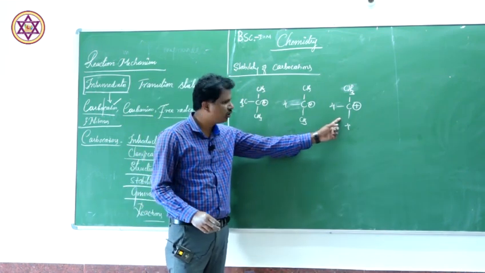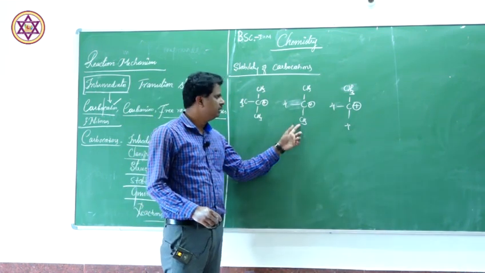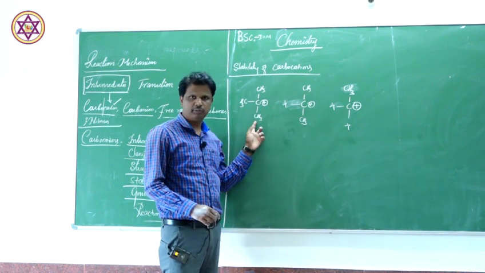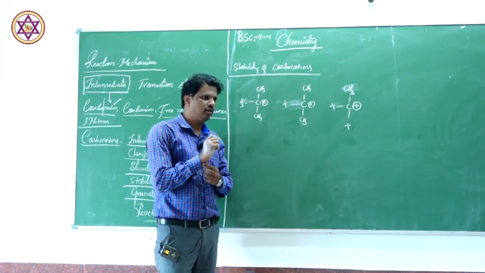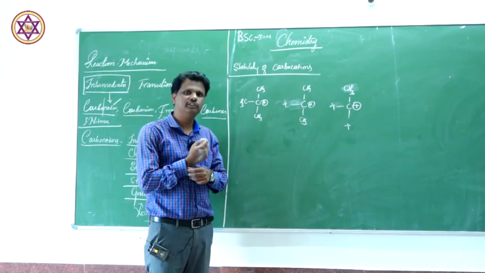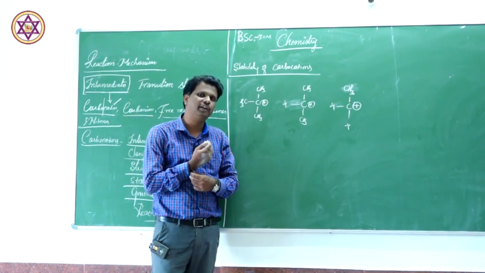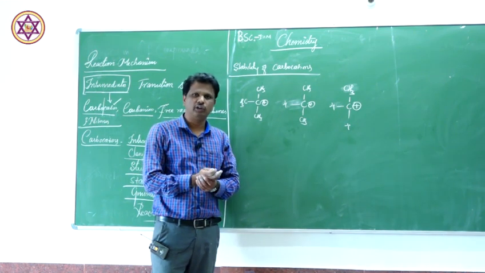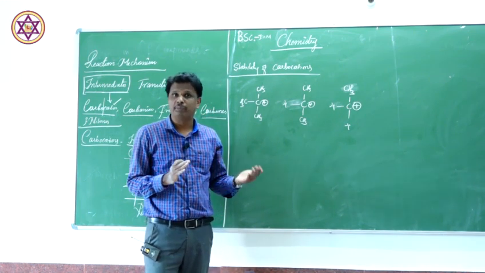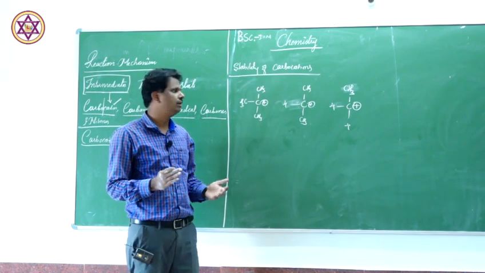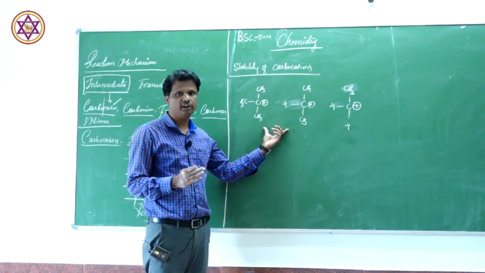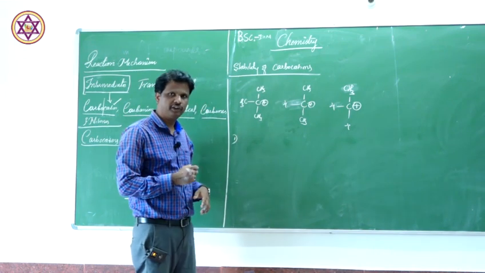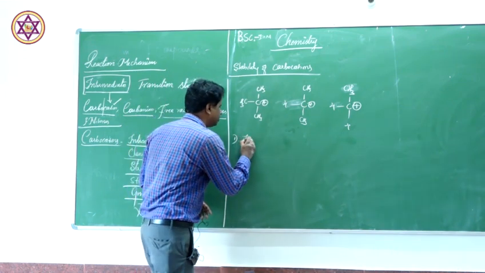This is a primary carbocation, that is ethyl carbocation. This is secondary isopropyl carbocation, and this is tertiary butyl carbocation. Now we need to analyze which one is more stable based on 3 different factors. Let us go one by one and understand how we can write the stability order. The first point is inductive effect.